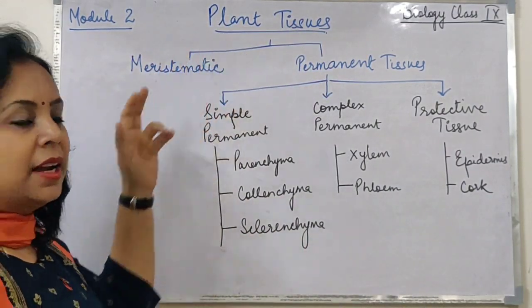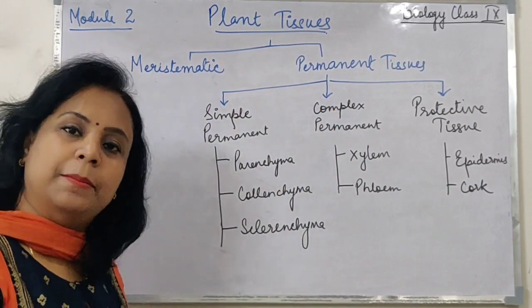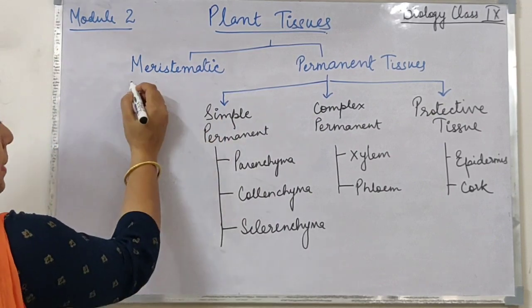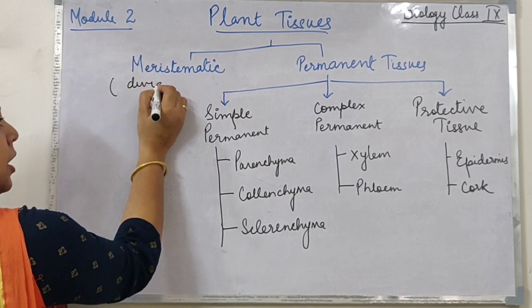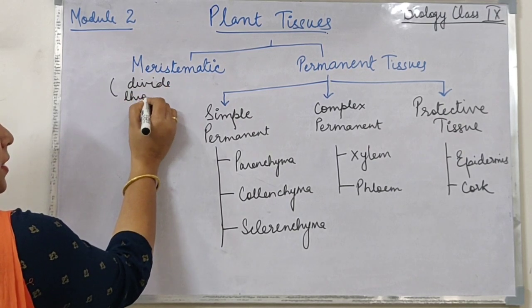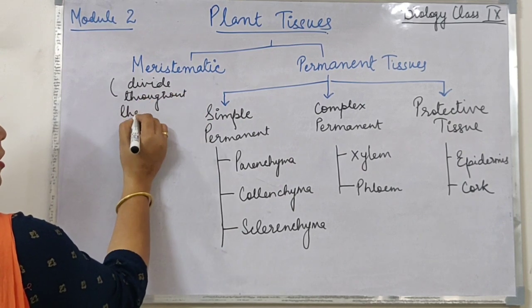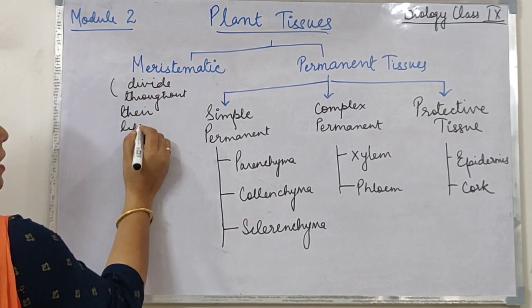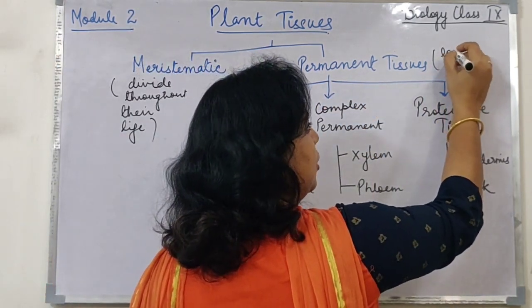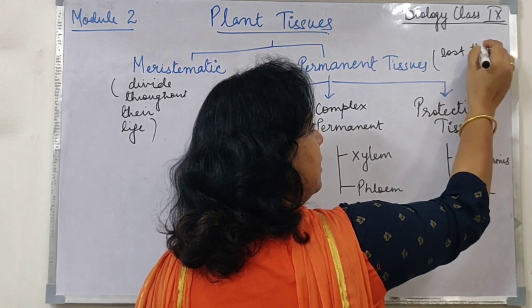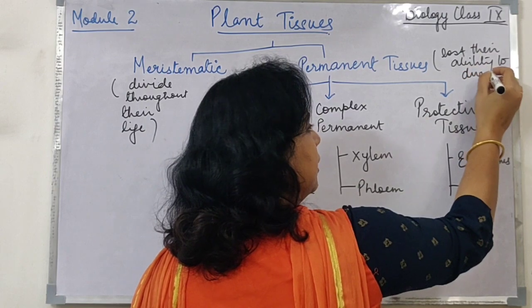We studied that plant tissues are meristematic and permanent depending upon their ability to divide. The meristematic tissues keep on dividing throughout their lives, while permanent tissues are the ones which have lost their ability to divide.